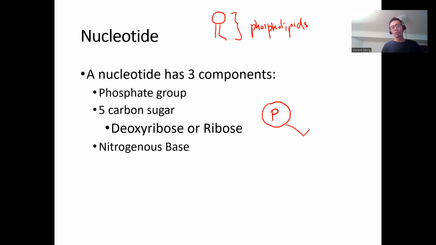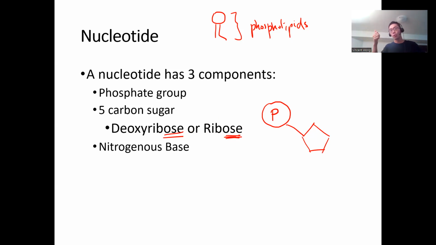We can represent sugar with a hexagon and pentagon. You should know that by now. And this sugar can be deoxyribose or ribose. Now, if a word ends with OSE, then it's some kind of sugar.